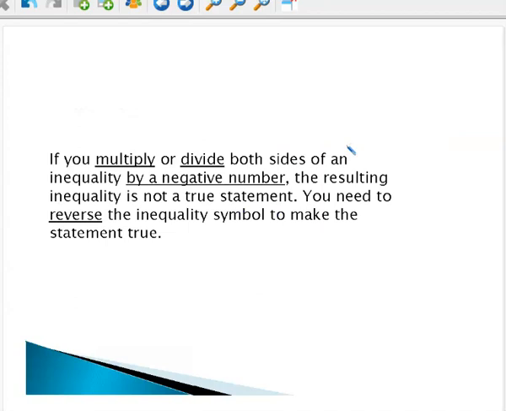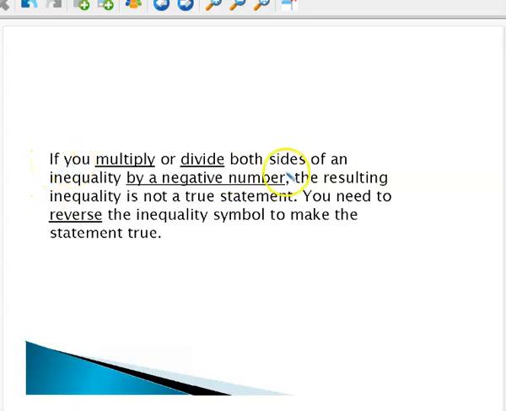Now here is the difference between solving an equation and solving an inequality when it deals with multiplication or division. You're going to want to make sure you highlight or circle something so you can help yourself retain this.